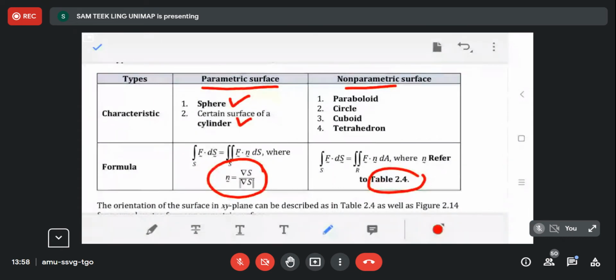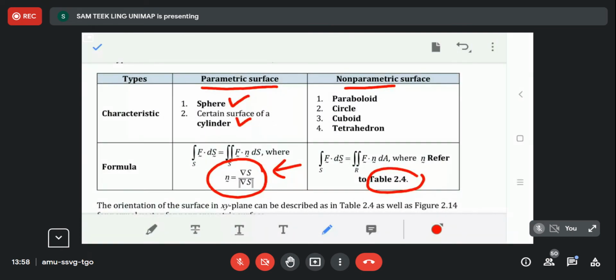So only two shapes use this formula: cylinder or sphere. Cylinder, yes, use this N. Sphere also the same, del S divided by magnitude del S.